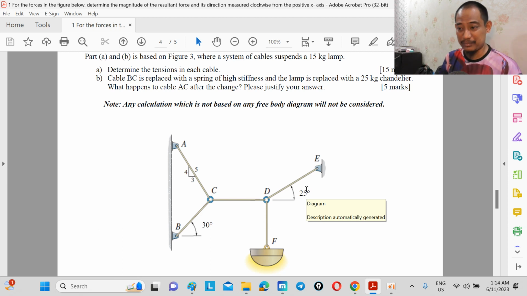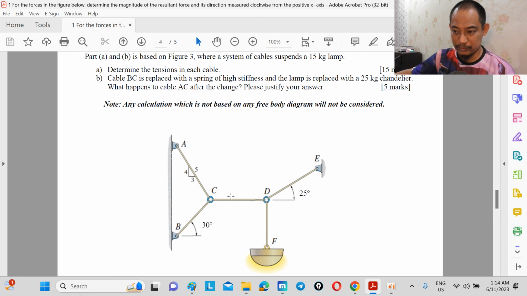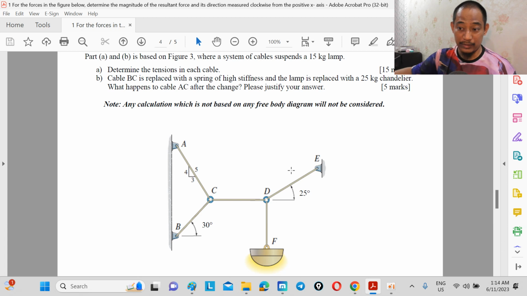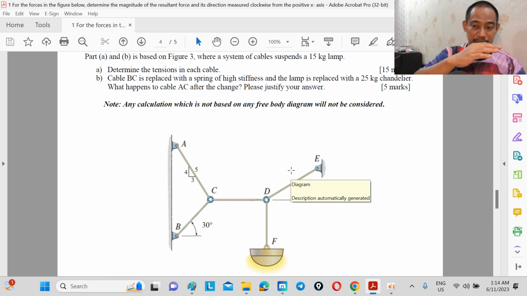Your argument can be this. Because I'm not the one who made this question, I'm not sure how they see which elements you put in your answer will get full marks or most of the marks. But you can justify it by saying the increase here tends to pull the cable CD in that direction, while the spring will tend to pull in the other direction.